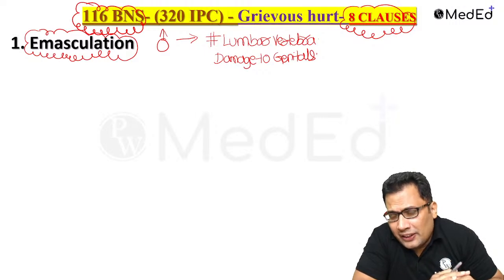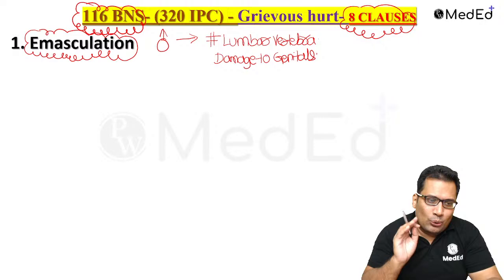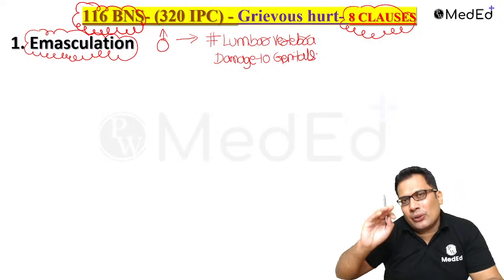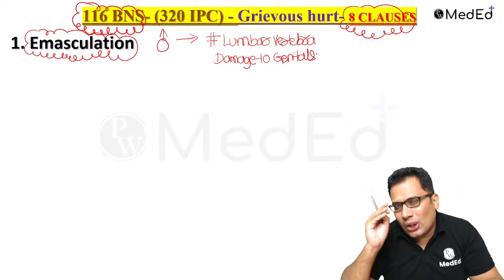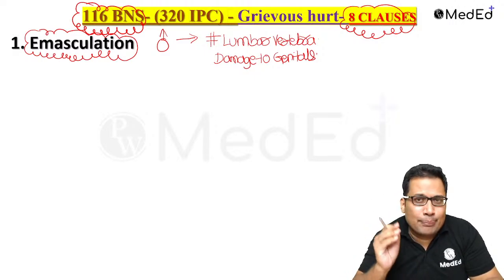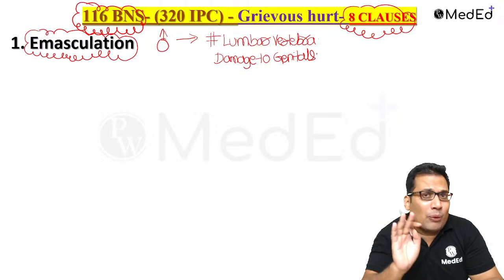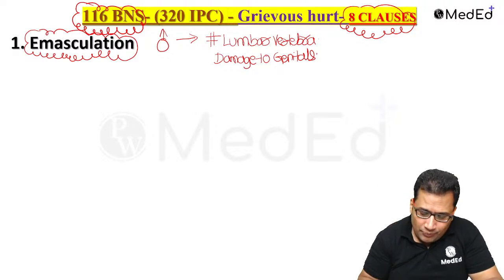This is punishable under 325 IPC. So that is clause number 1. Emasculation is a clause applicable only to males. It is a loss of masculine power in a male, either due to damage to genitals or due to lumbar vertebra.